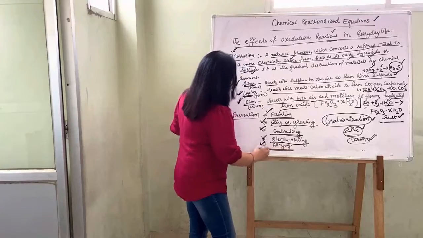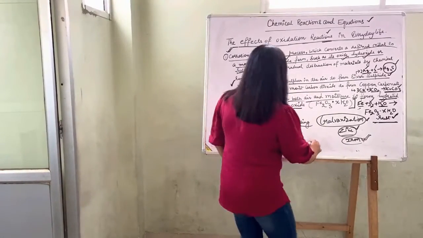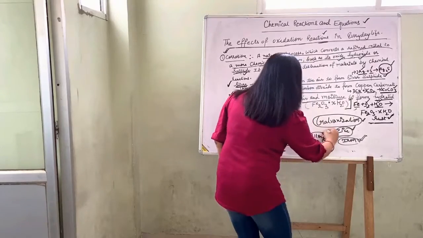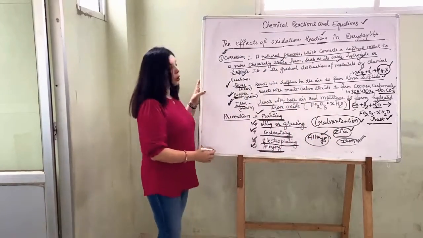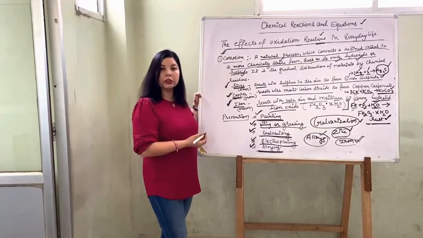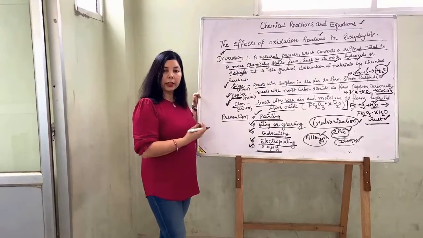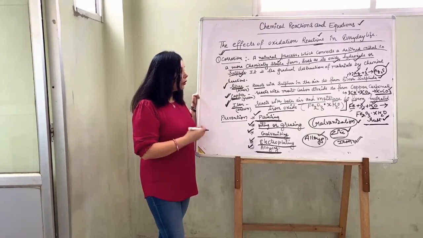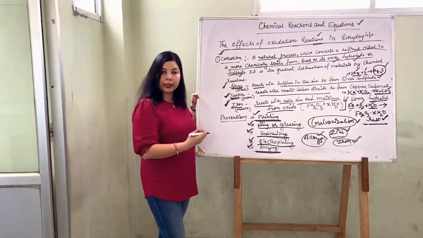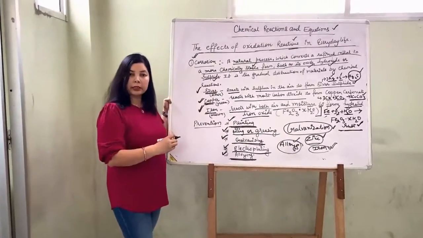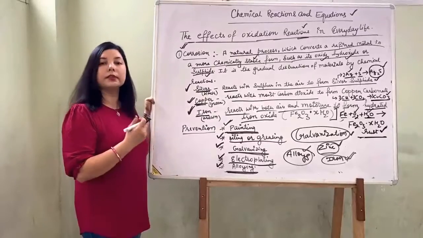So students, what are alloys? Alloys are a mixture of two or more metals or non-metals together, so that we can get a better quality of substance. So when we do alloying, then we can protect the metal from getting corroded. See, some of the metals get corroded whereas others do not.